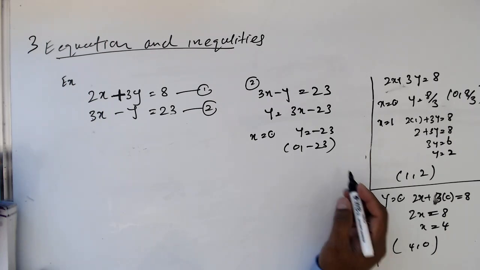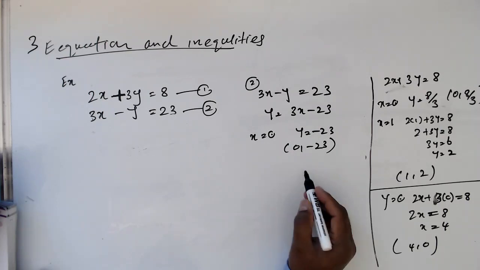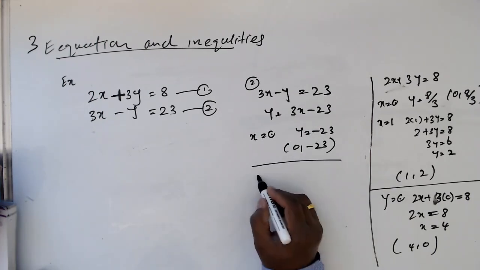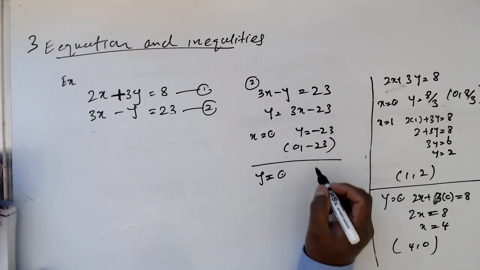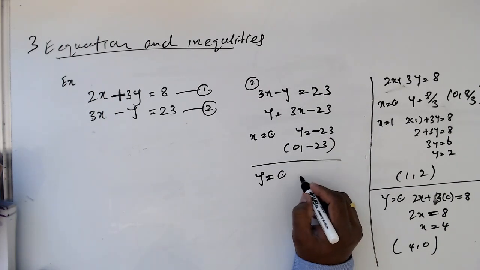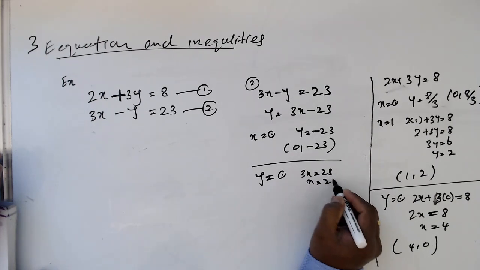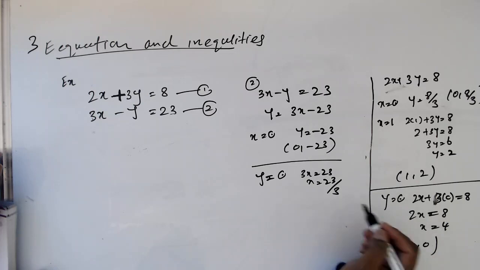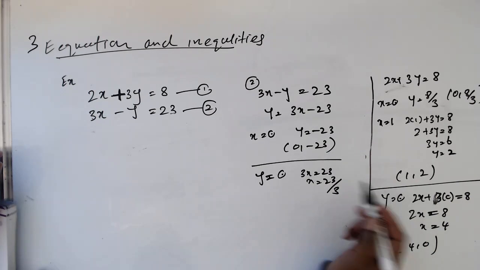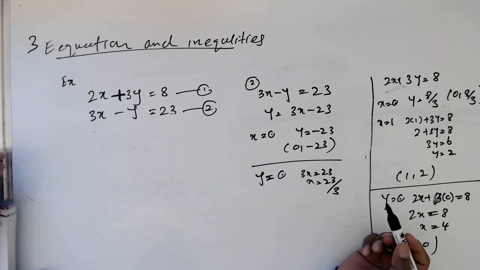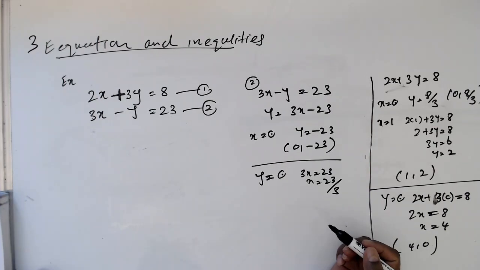What else? Then y equals 0. To find the roots, y equals 0. It's not necessary, but when y equals 0, 3x equals 23, so x equals 23 over 3. This is not a good answer. Then we want to find another point by assuming x or y.